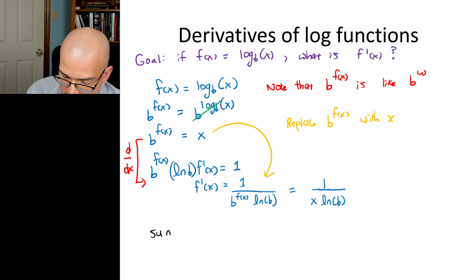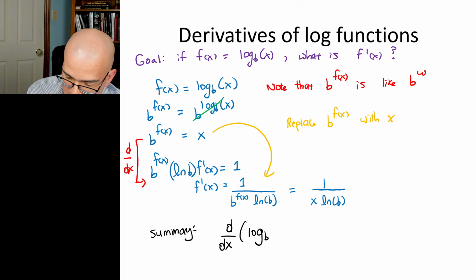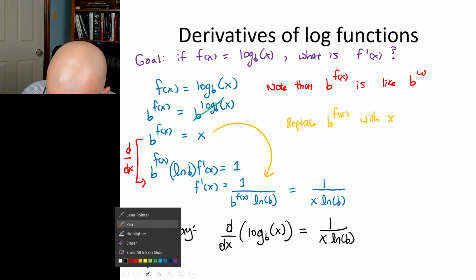So a summary is that the derivative d by dx of log base b of x is equal to 1 over x times the ln of the base. So that's our big conclusion.